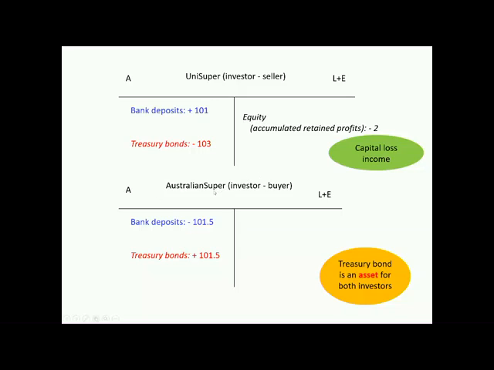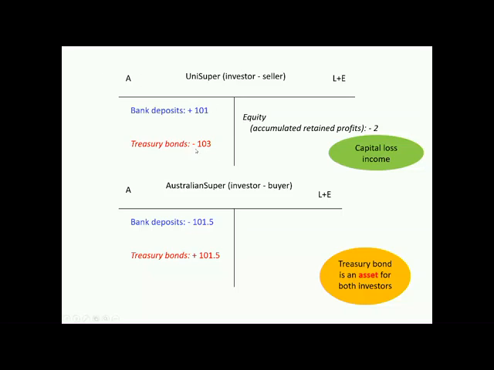But in return, they don't get $103. They only get $101. So 2 steps, happy or unhappy, UniSuper? Give away $103 worth of paper, receive $101 in cash. Unhappy, so you made a loss or profit? Loss, right? So these guys made a loss.